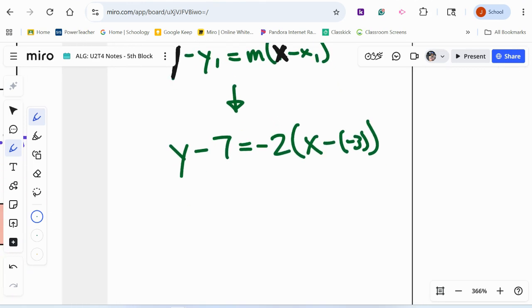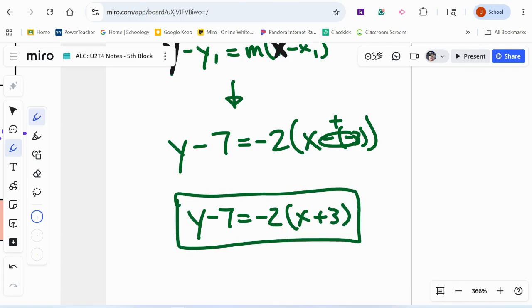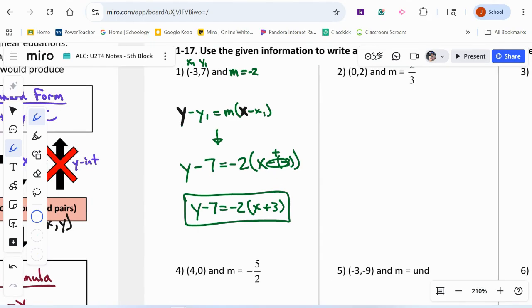Well, guys, minus a negative, these right here become a positive. So what do we end up with? y minus 7 equals -2 times the quantity x plus 3. That is the equation of our linear function that would contain the ordered pair (-3, 7) and have a slope of -2. Easy peasy, right?